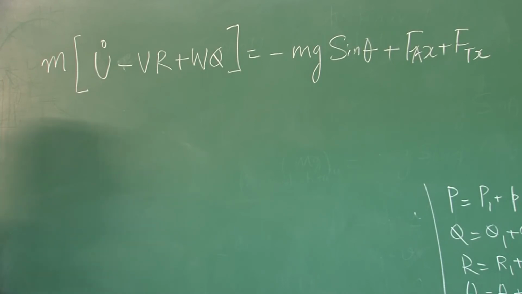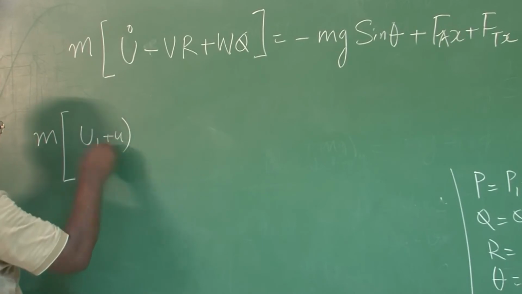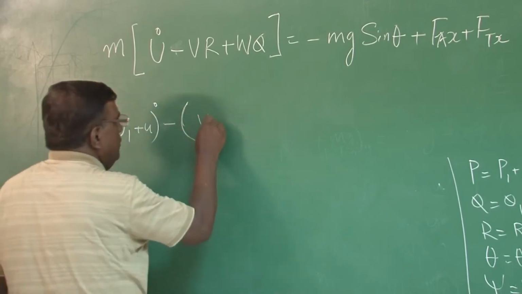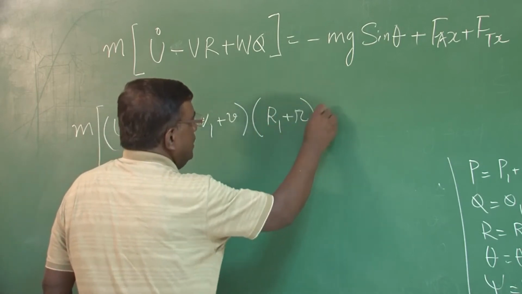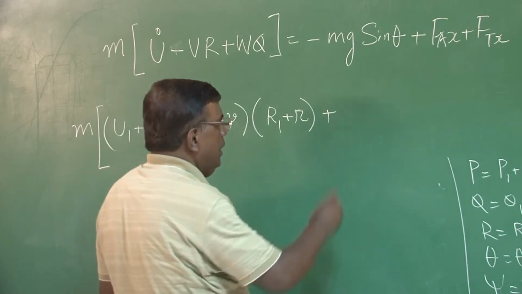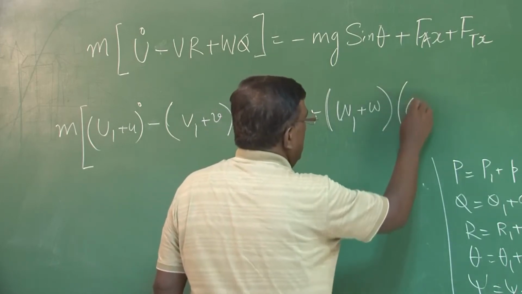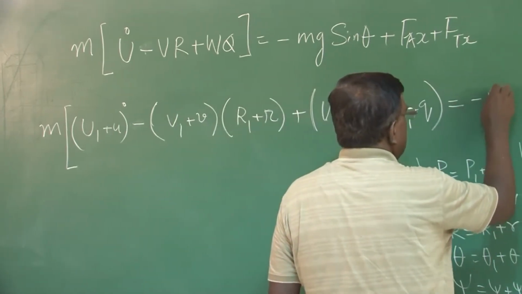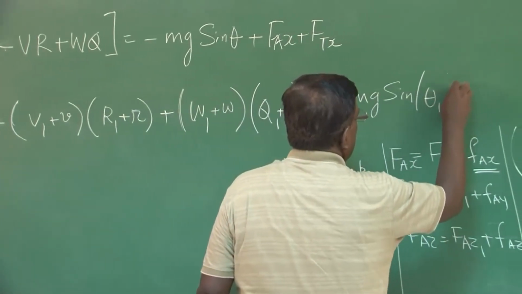Now I will introduce a small perturbation. What do I do? I write m, u dot as u1 plus small u dot, for v I will write v1 plus small v, for r I will write r1 plus small r, for w I will write w1 plus small w, then for q I will write q1 plus small q, and on the right hand side I will write minus mg sine of theta 1 plus small theta.